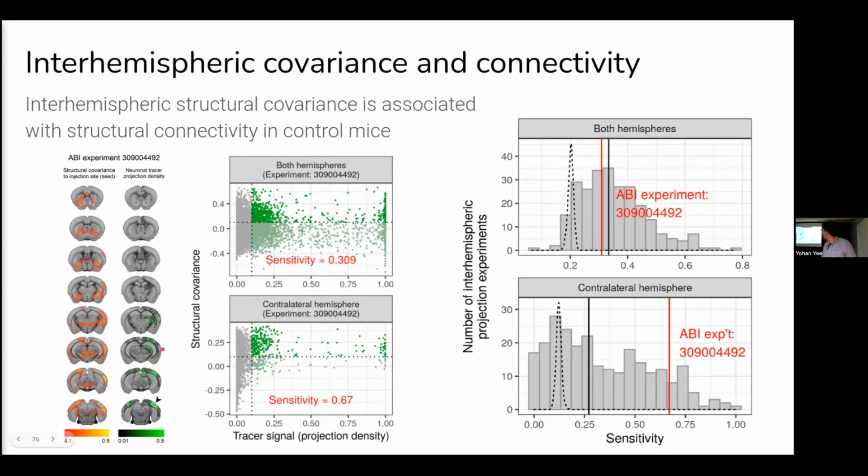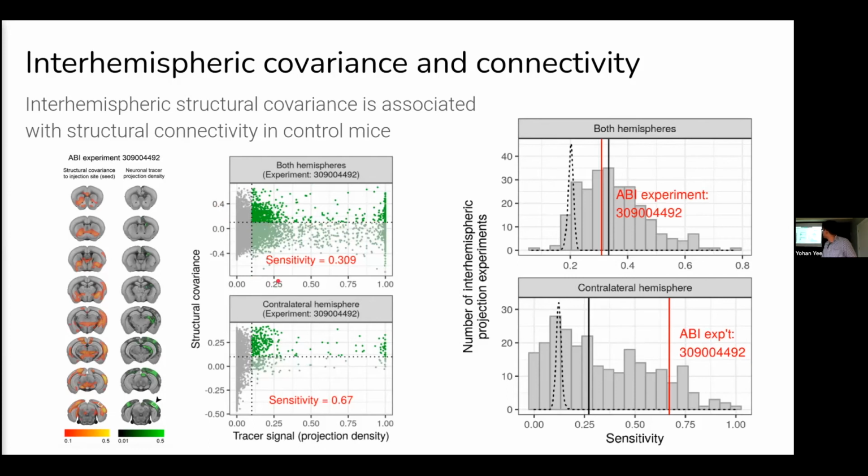We quantify this overlap between structural covariance and the tracer injections by binarizing both images and then computing the sensitivity. So here I'm binarizing the tracer signal at one value and binarizing the structural covariance signal at another value. And the sensitivity is essentially the proportion of bright green voxels divided by the total number of green voxels.